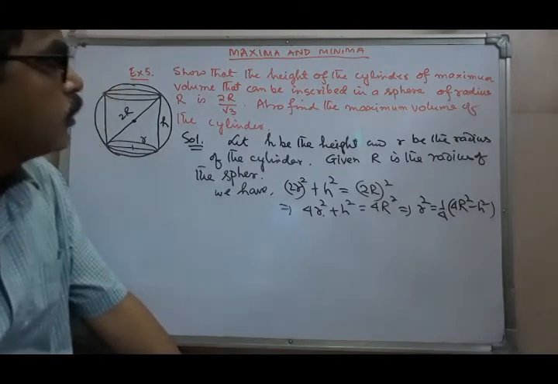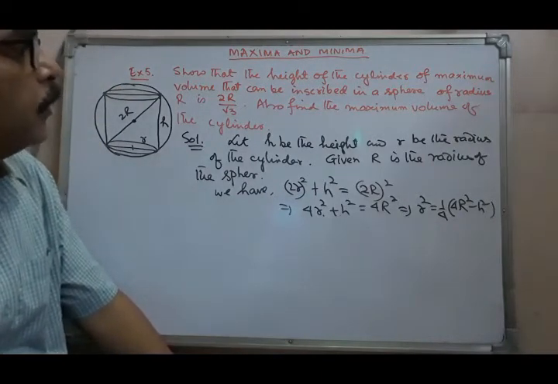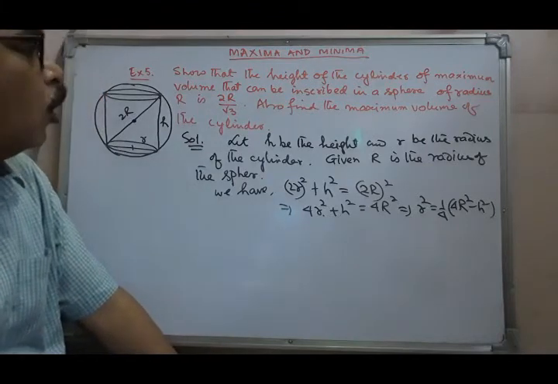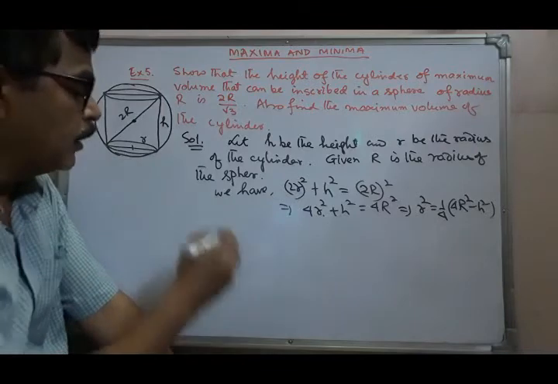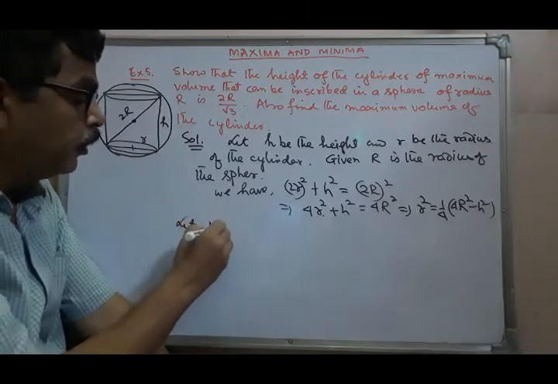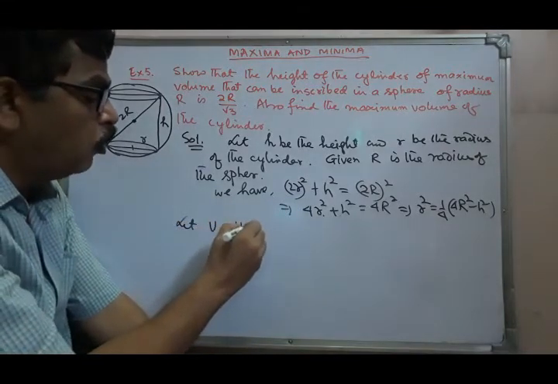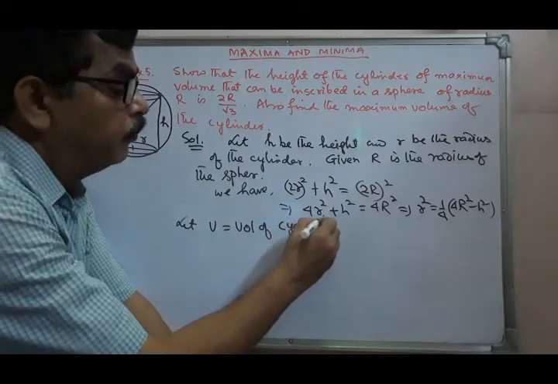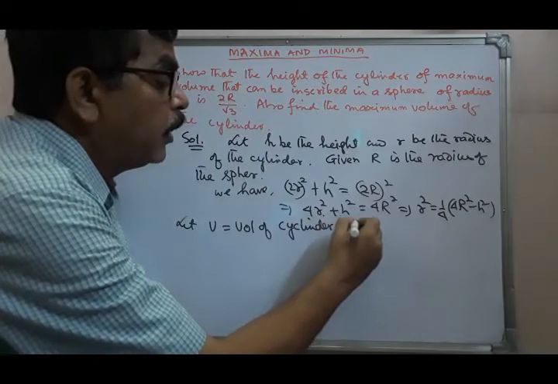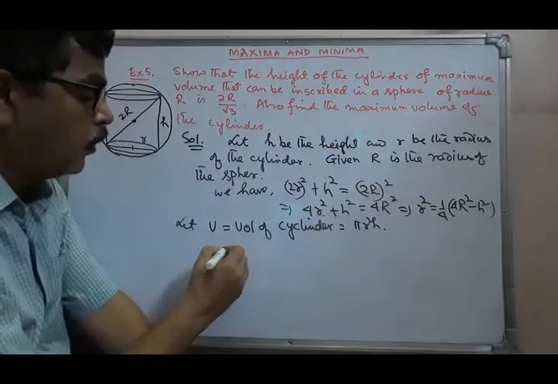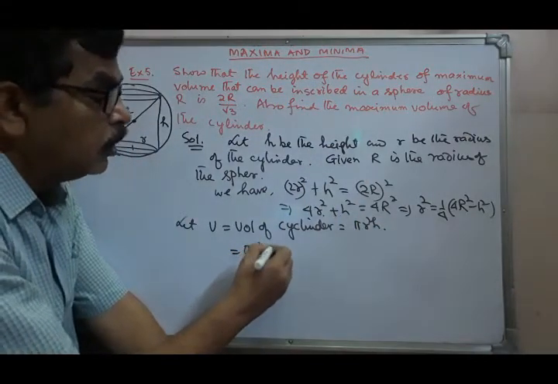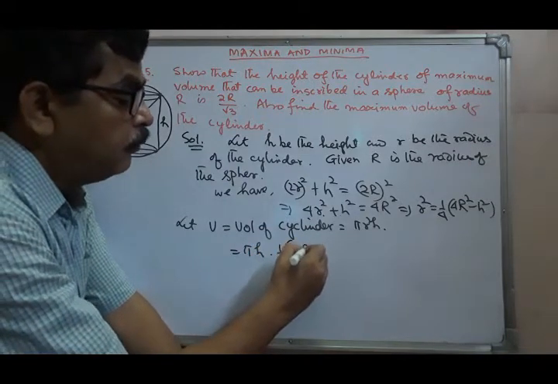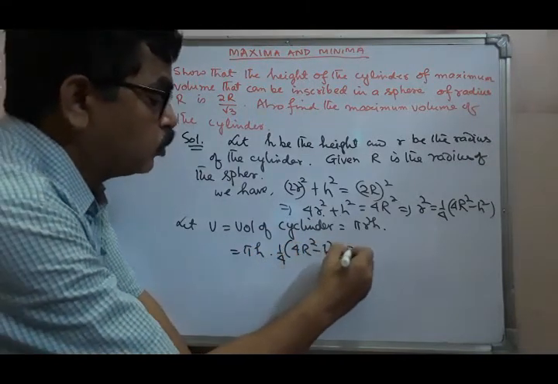We are going to the third step. Identify the term which is to be maximized or minimized. So we have to find the volume of the cylinder, which is to be maximized. So let V equal the volume of the cylinder, which is pi r square h, that is pi h, and r square is 1 by 4 times (4 capital R square minus h square).